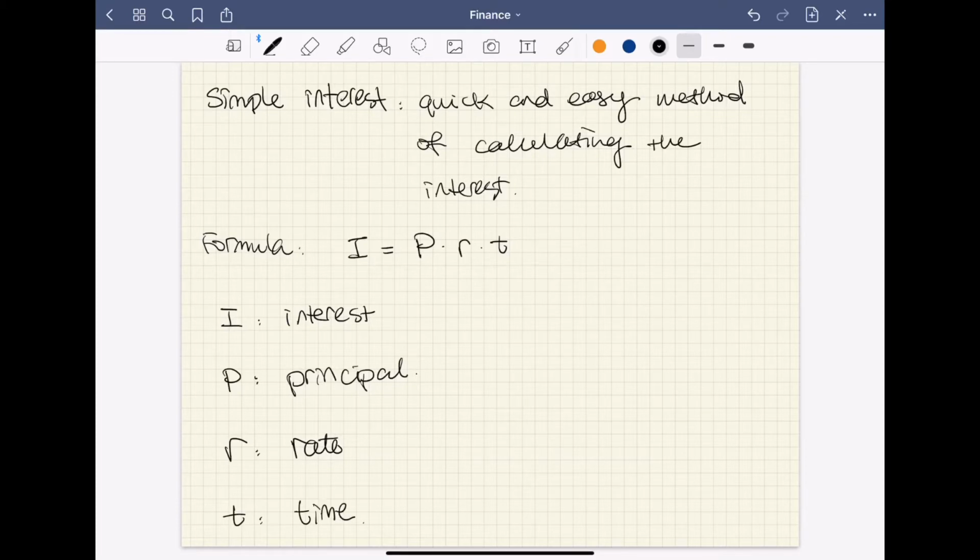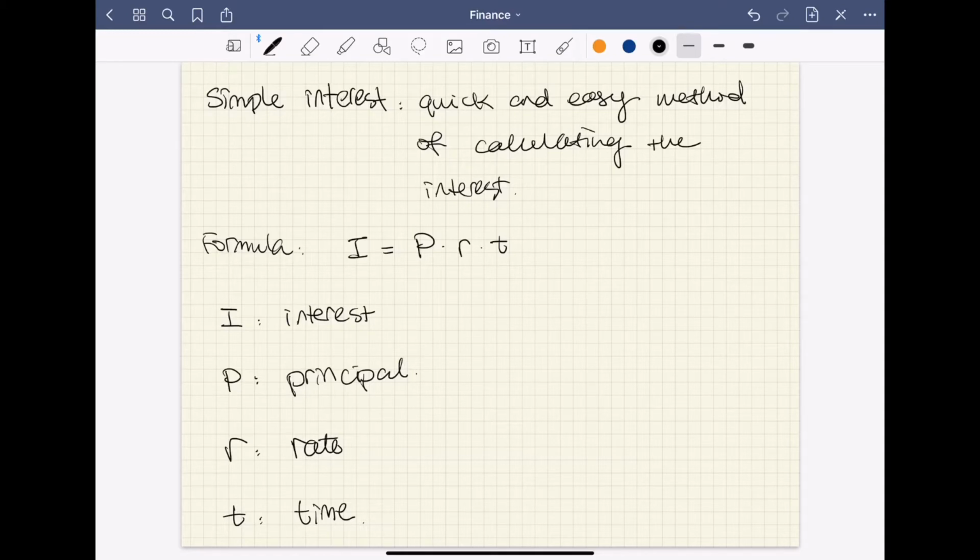We've talked about interest already, and principal is the money on which the interest is paid. Either if you're making an investment or if you are borrowing a loan, the principal is the amount that you're borrowing or the amount that you are investing.